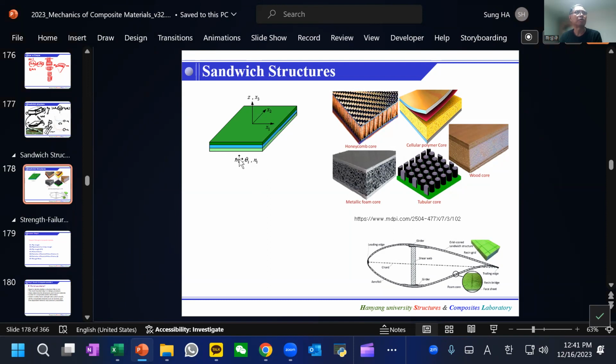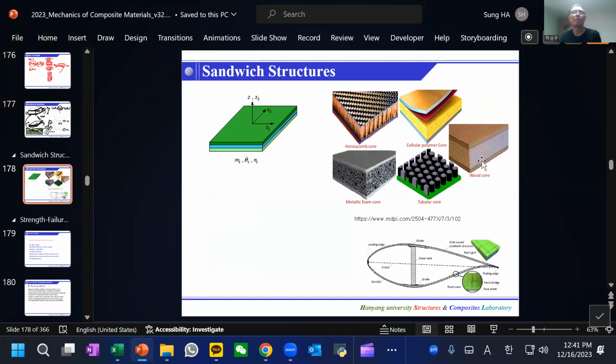So mainly what material, with what ply angle and what thickness. Now, one of them can be core, and core will have a certain material or angle.